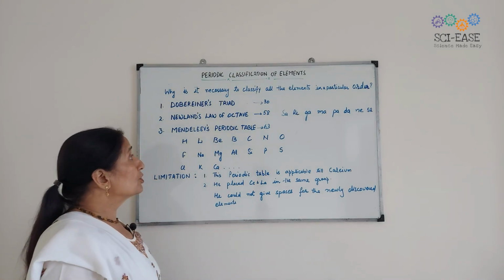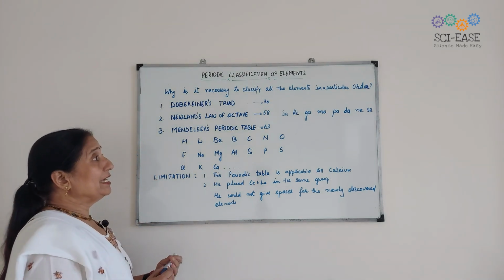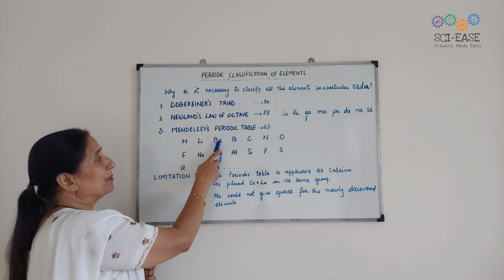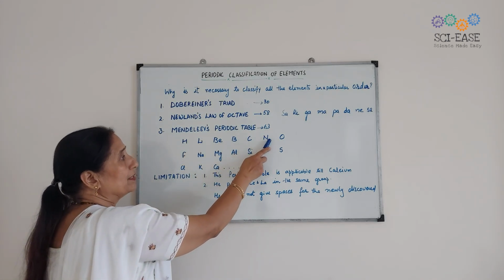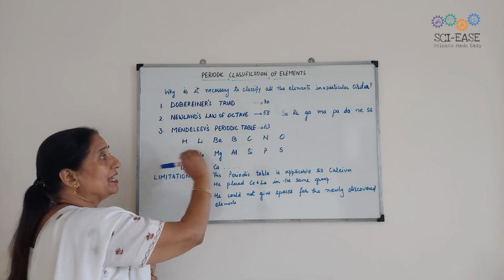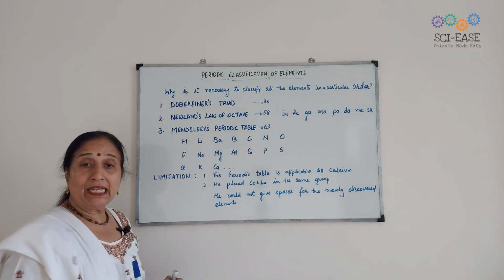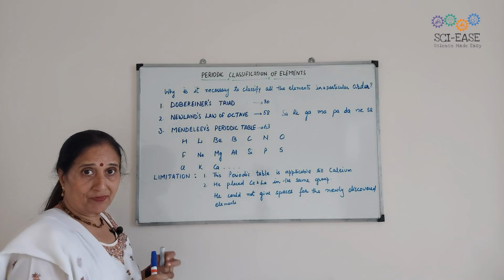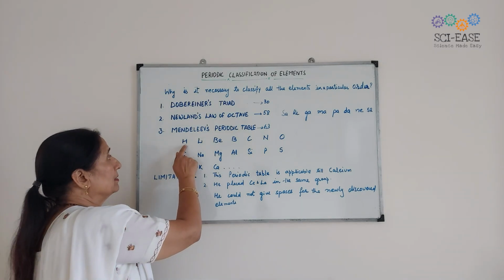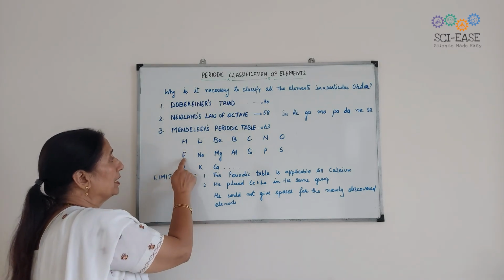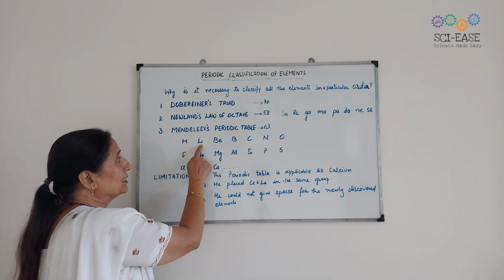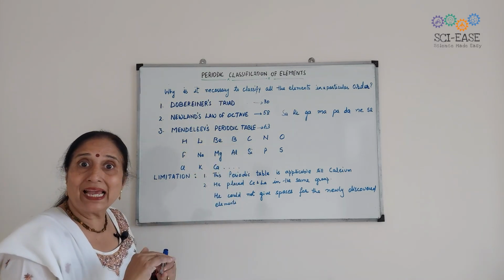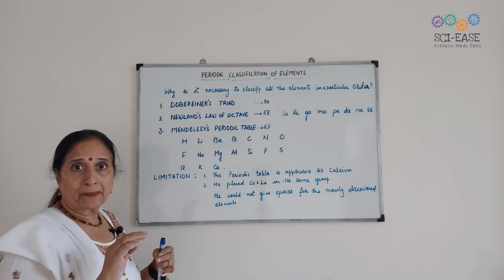So, he arranged the elements like this: hydrogen, lithium, beryllium, boron, carbon, nitrogen, oxygen. He arranged them in increasing atomic masses. So, hydrogen, lithium, beryllium. Here, the atomic masses are increasing.